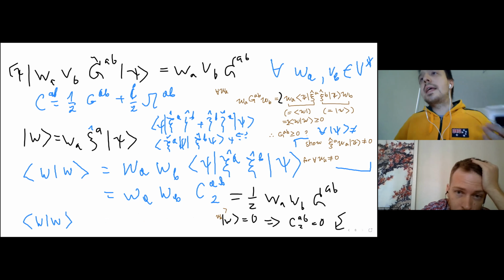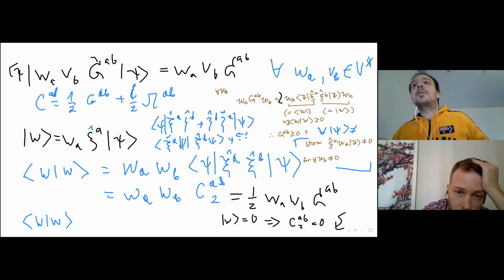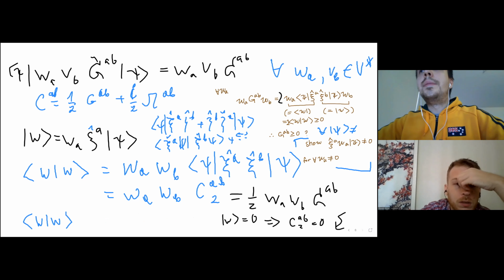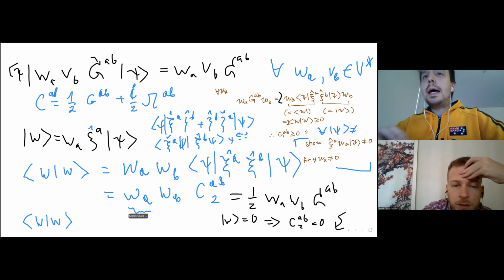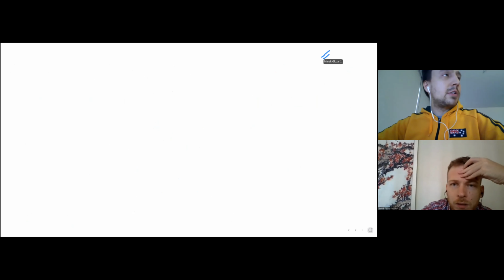So essentially it's a property of the Xi that there's no way to contract it with a non-zero W such that we get the 0 element if we apply it to Xi. So with that, any questions on that? Is that clear to everybody?